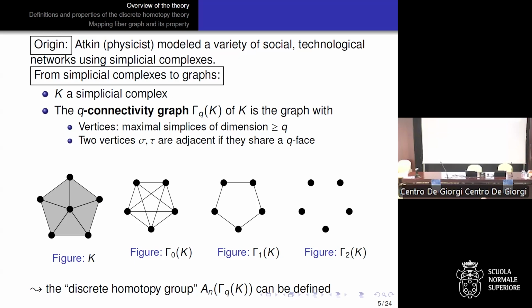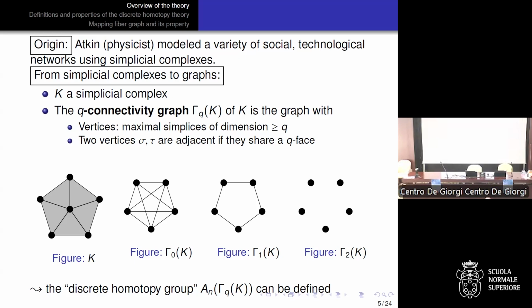Then we get this kind of cyclic graph. And gamma 2 K is just a discrete graph. So the starting point is a simplicial complex, but it is sufficient to consider only graphs. So later we focus only on the graph category. Then the discrete homotopy group, which we define later, can be defined.